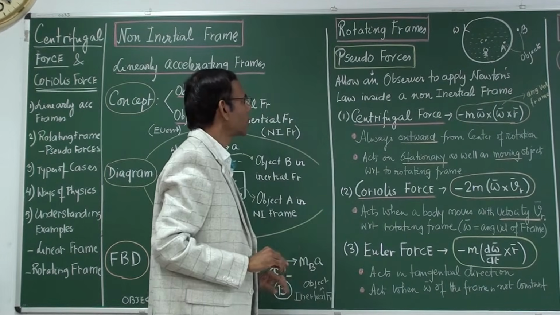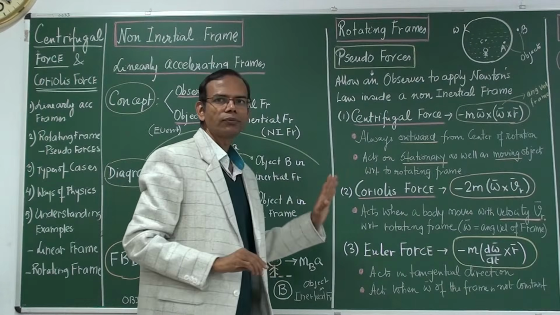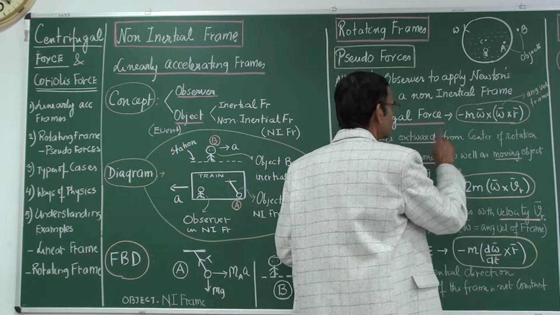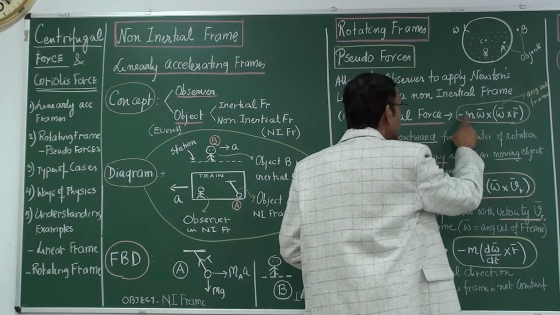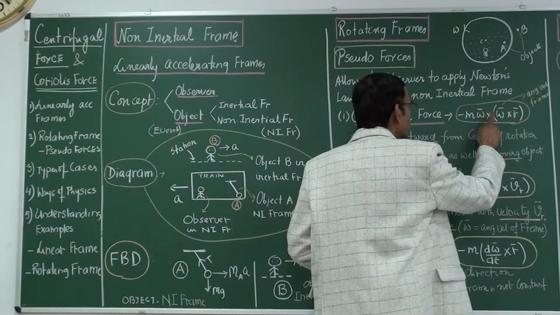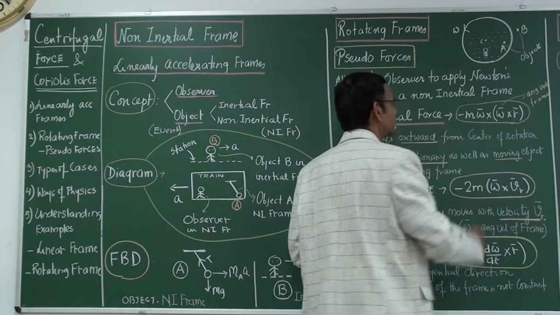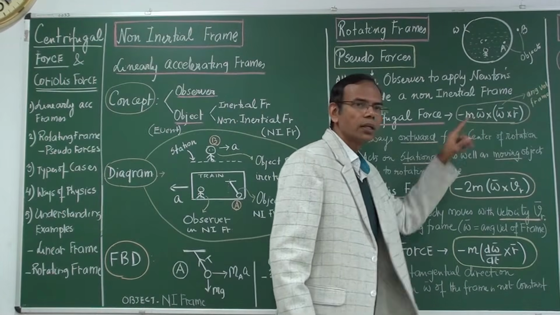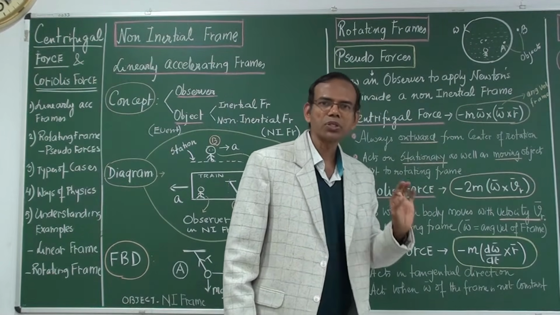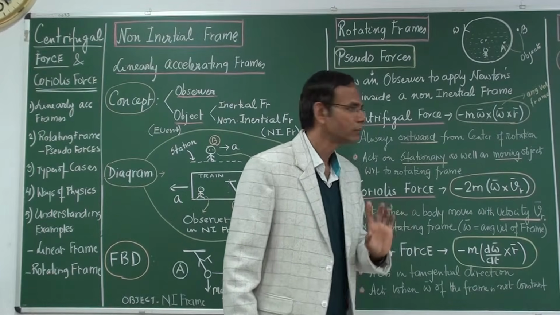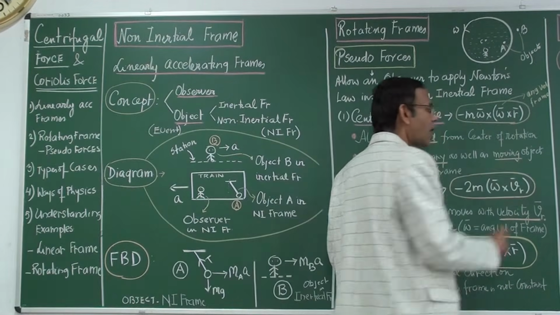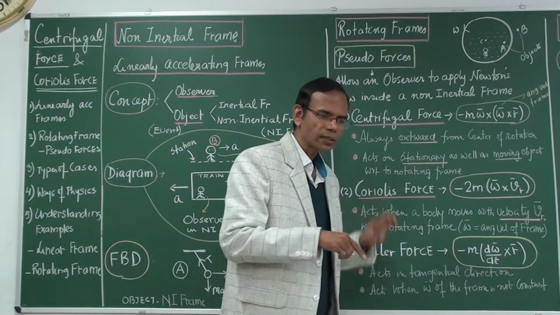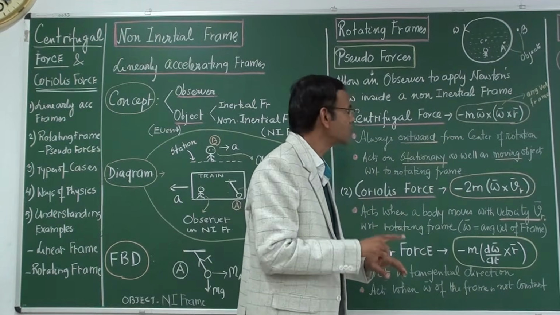Good. Now, the expression for the centrifugal force is minus m omega cross omega cross r. What is this omega? This omega is the angular velocity of the frame. R is the distance from the origin. It is rotating and there is an origin, center, so distance from the center.